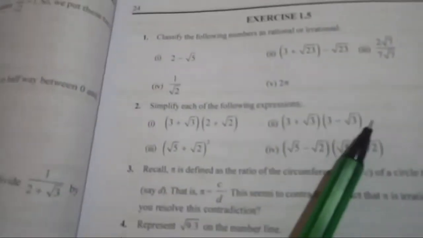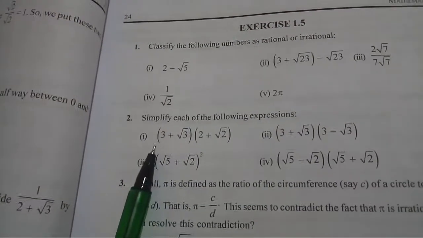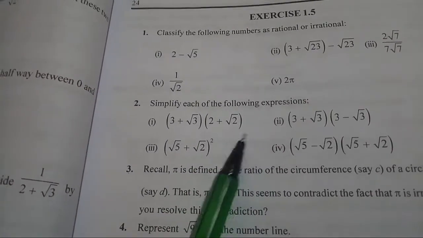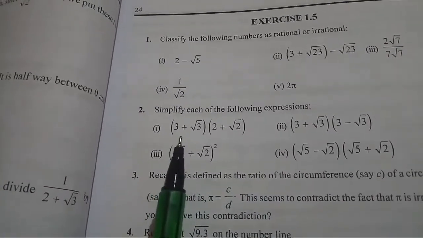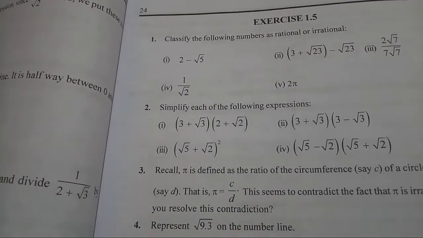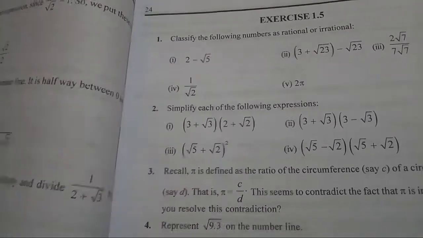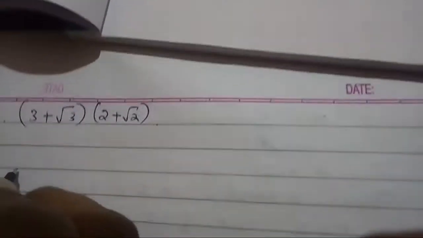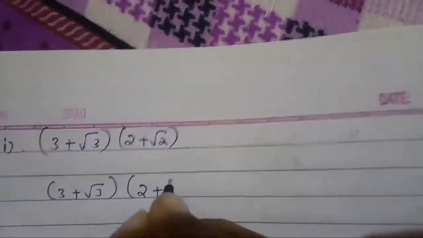Second, simplify each of the following expressions. In that, the first problem is 3 plus root 3 into 2 plus root 2. You already studied this in the previous class. You have to solve it in the same way. Solution: first, write the given problem, 3 plus root 3 into 2 plus root 2.